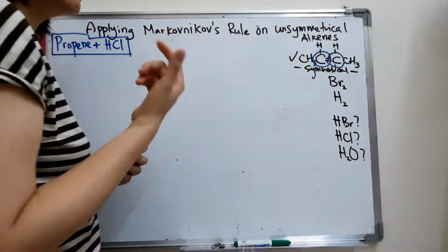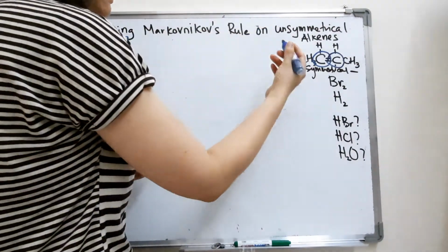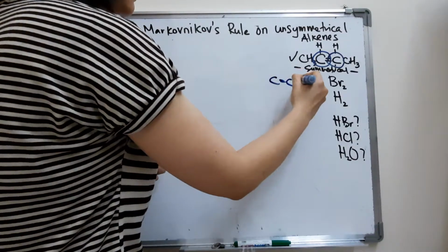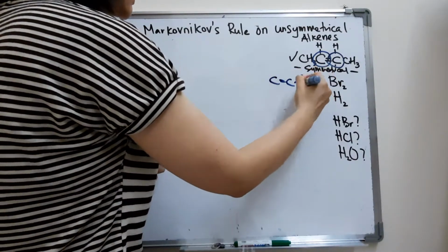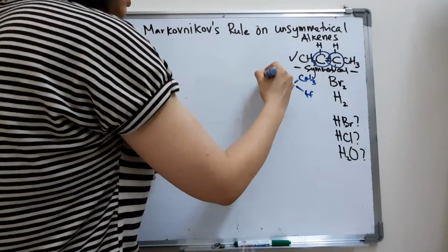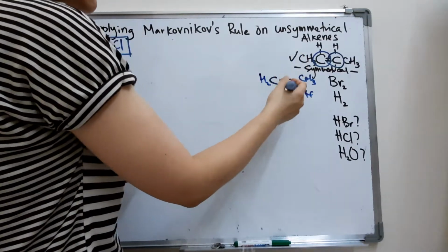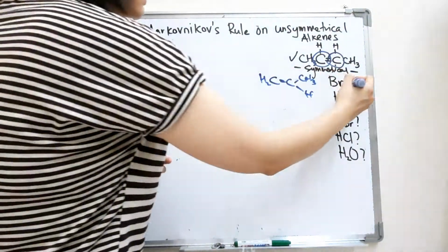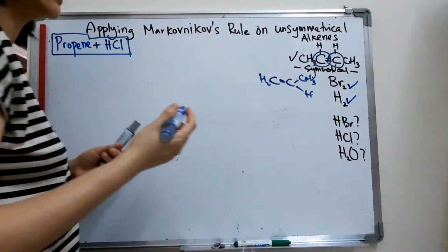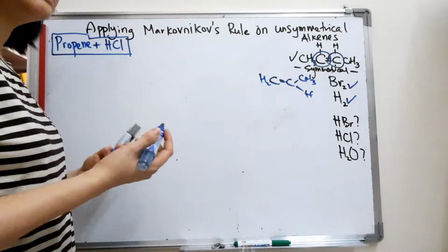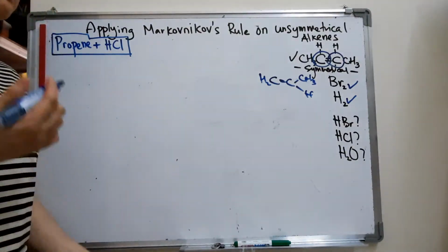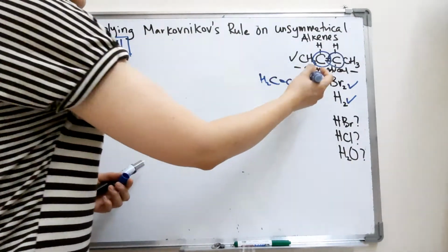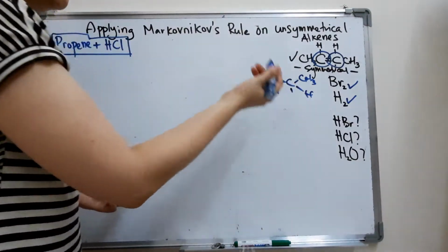I will also have no problem even if I have a propene, CH3 CH CH2. Even if I have a propene, but it's reacting with a non-polar molecule like Br2 and H2, I will also have no problem finding the major product, because both will have the same electrophile.